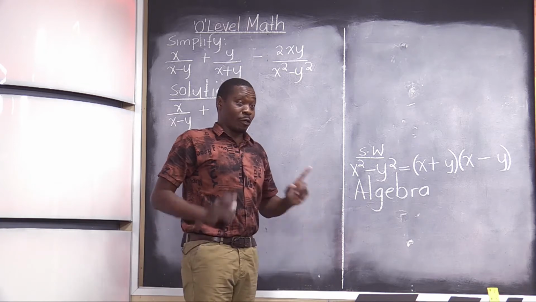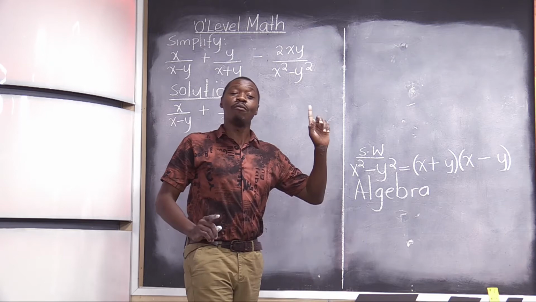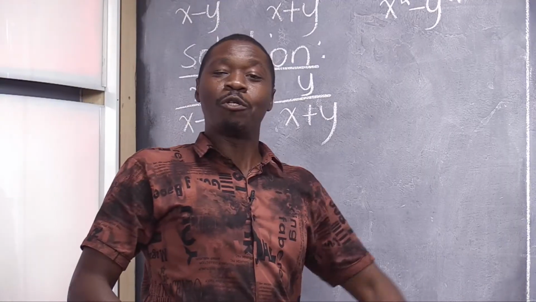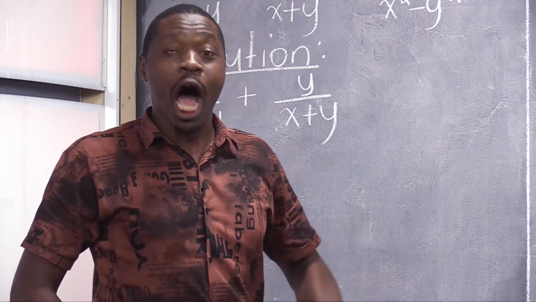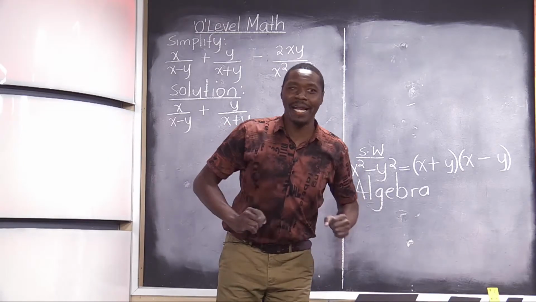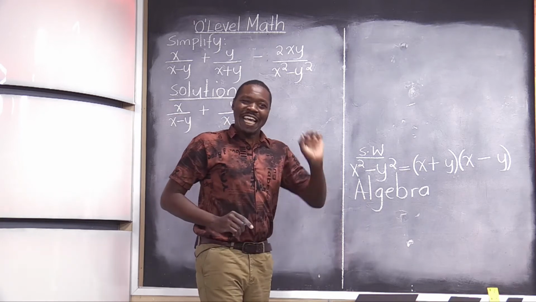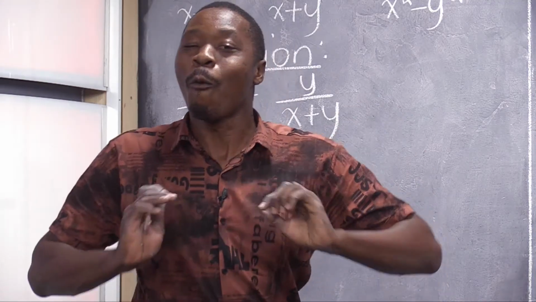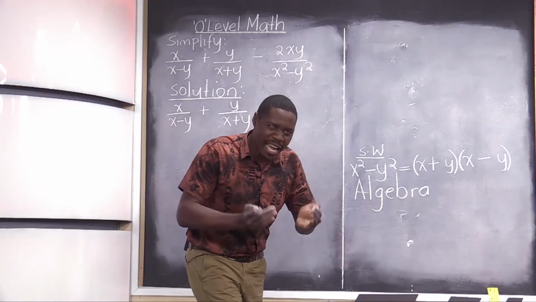But remember, algebra was not originally in English. Algebra originated from Asia. It was originally known in Arabic as Hisab, Al-Jabri, Wal-Muqabala, meaning bringing broken parts together.